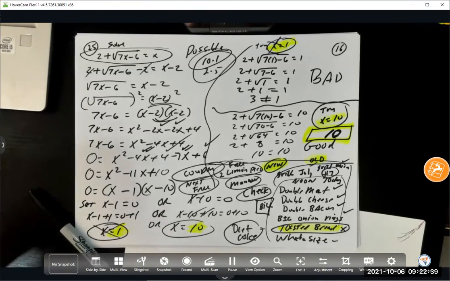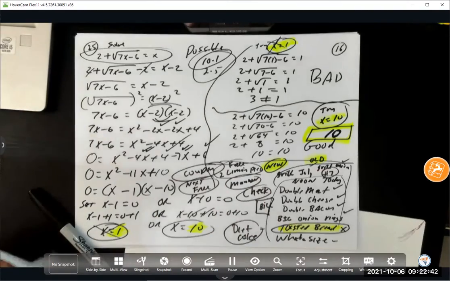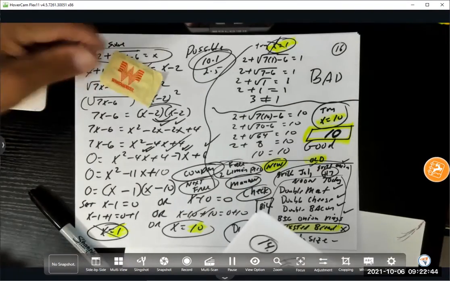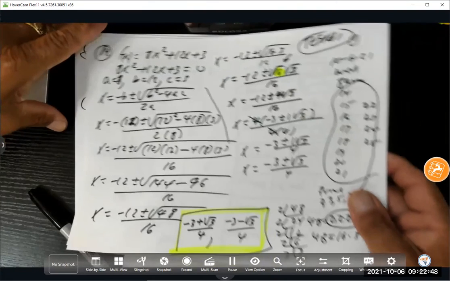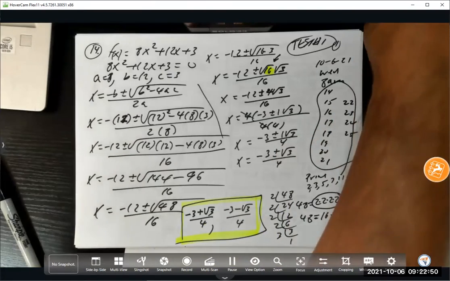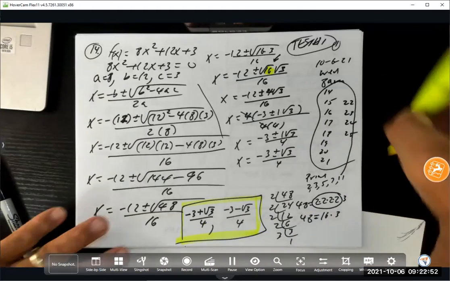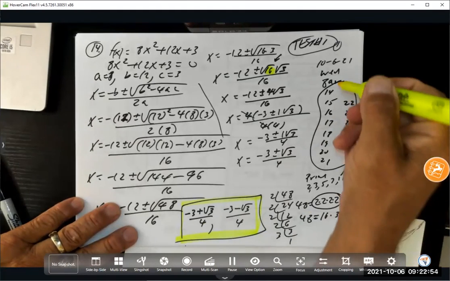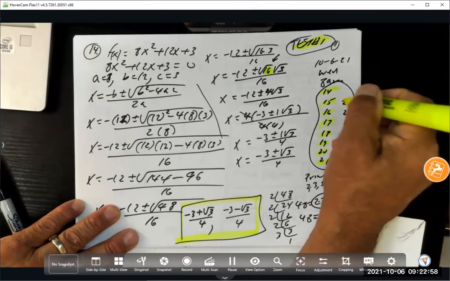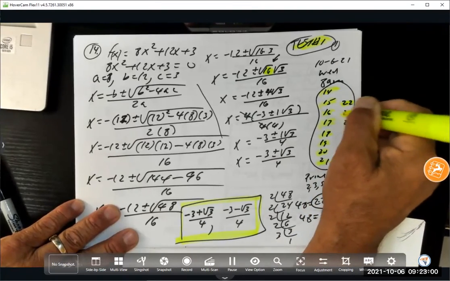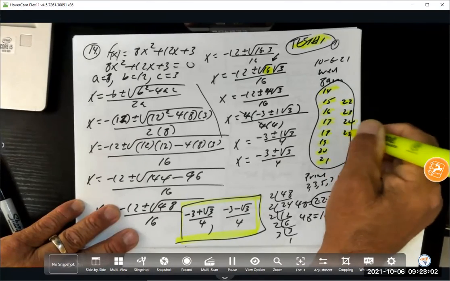There you go, first page. All right, I'm gonna get out of this Whataburger place here. All right, so today I went through test number 1. I did number 14, 15, 16, 17, 18, 19, 20, 21, 22, 23, 24, and 25. You should be able to do all those on test 1, okay? Does that make sense?